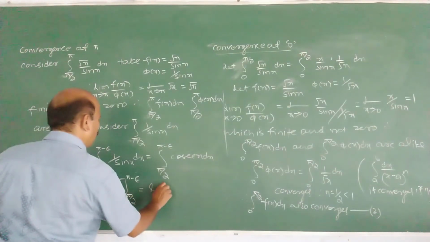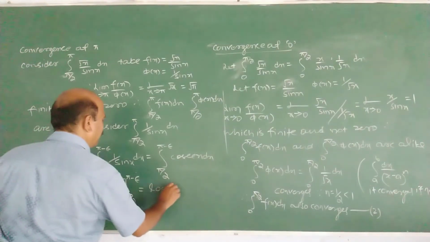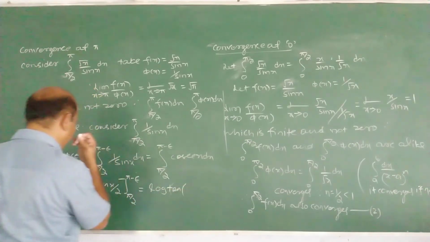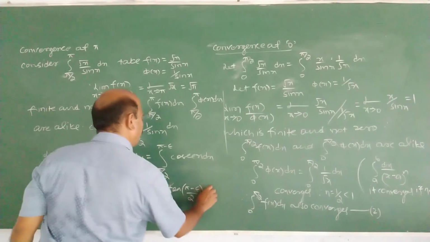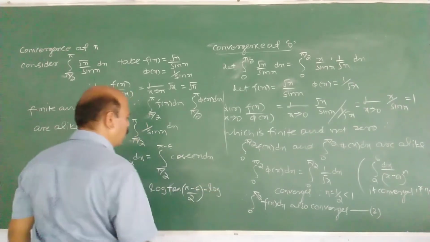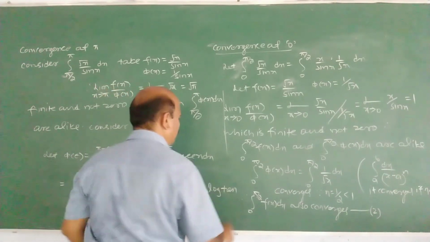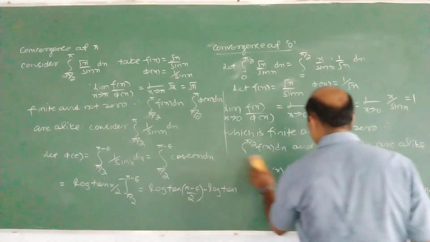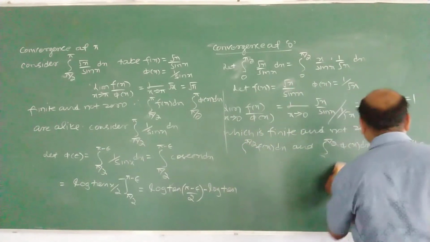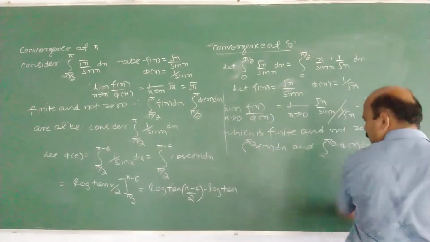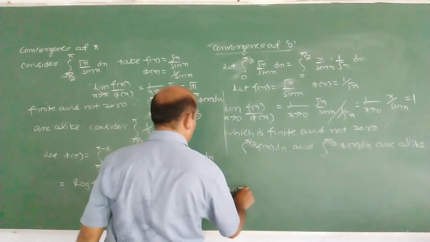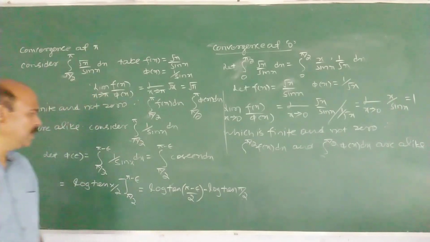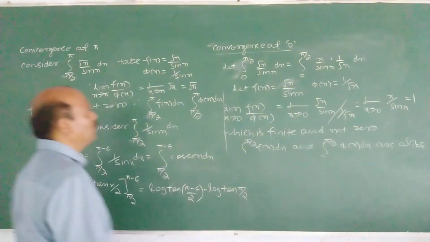It is therefore log of tan of pi minus epsilon by 2, substituting pi minus epsilon first, minus log tan of pi by 2. Correct? Now what is the next thing?